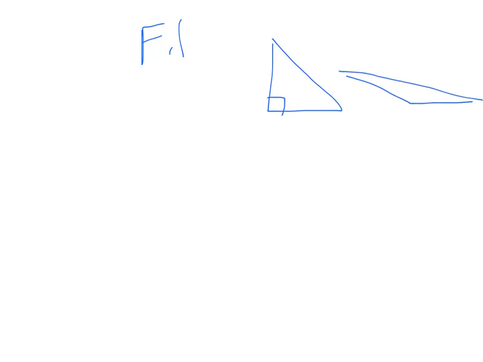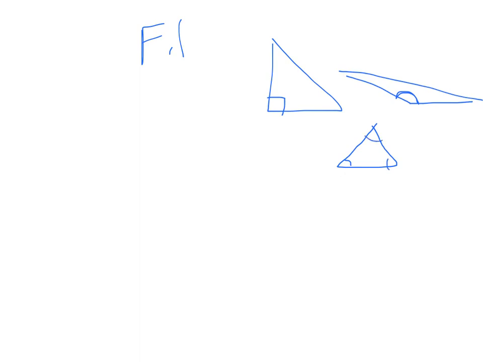Okay, onwards to the F's. F1 is classifying triangles. So remember, there is a right triangle, there is an obtuse triangle with a big fat O angle here, and there's an acute triangle. Oh, it's so cute, it's got little bitty angles.